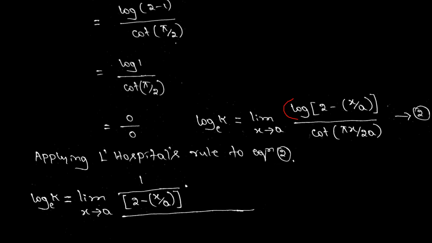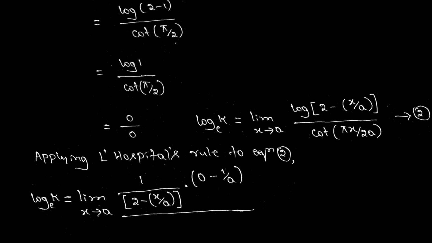Differentiation of log of 2 minus x by a gives first 1 divided by 2 minus x by a. Then again by using the chain rule, we have to differentiate this inside function.